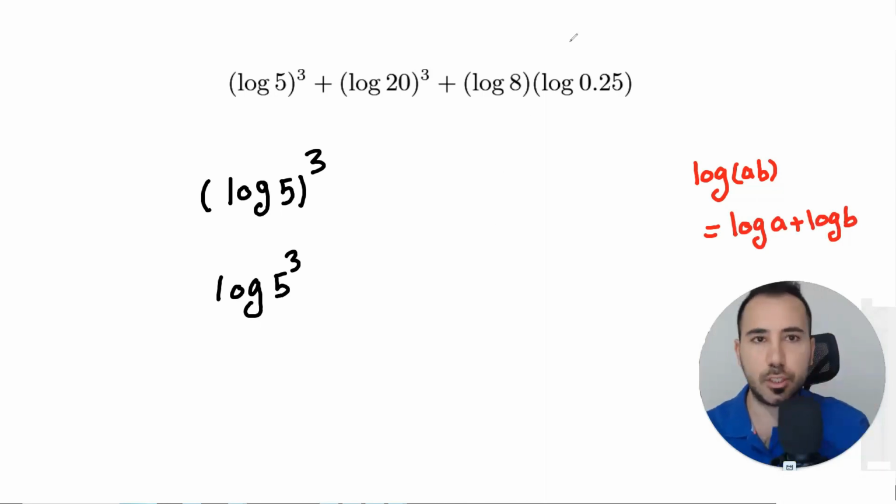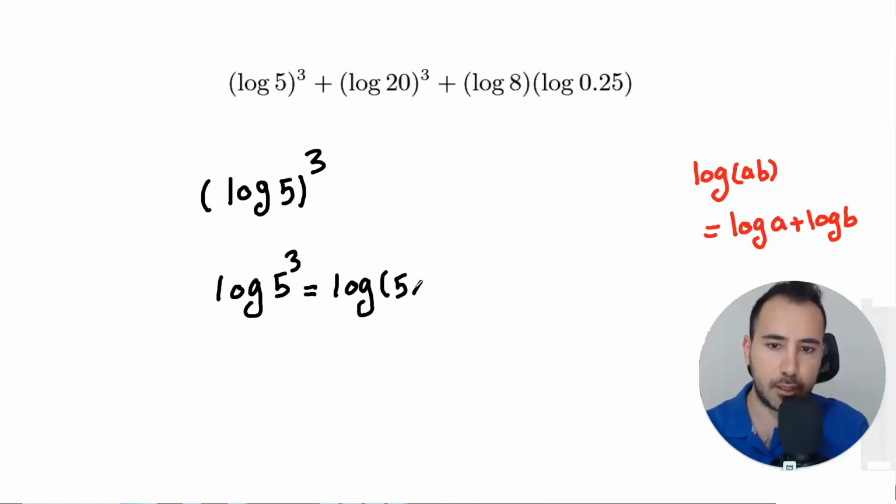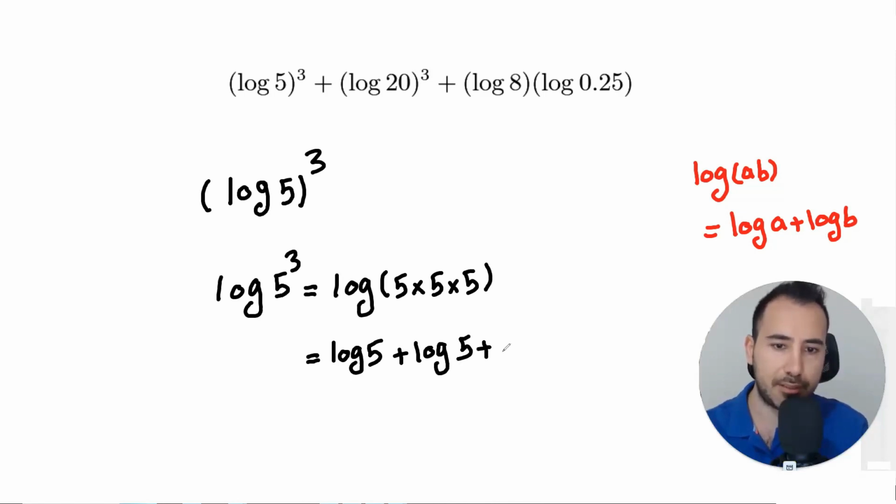So now let's apply this. I'm going to write this one as log 5 times 5 times 5, which by the same rule is log 5 plus log 5 plus log 5.